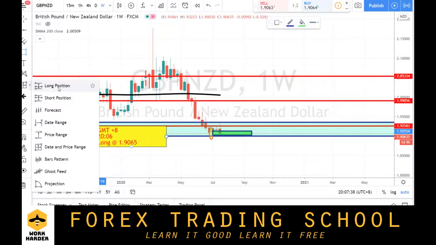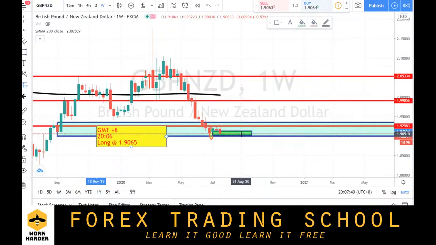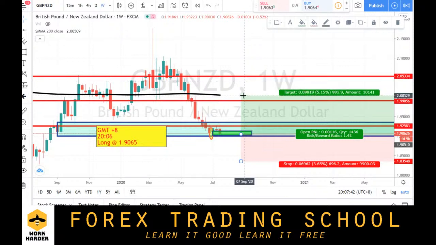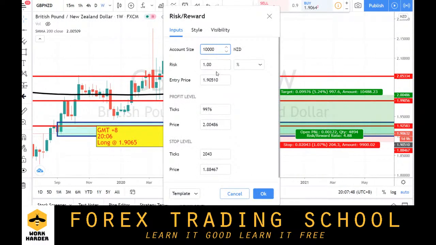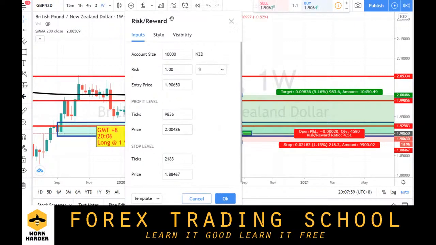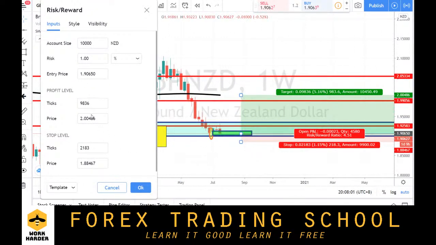Long position. Let's draw it. Let's set it at 1%. Remember, 1% of your capital. Entry price 1.9065. Take profit about 2040.